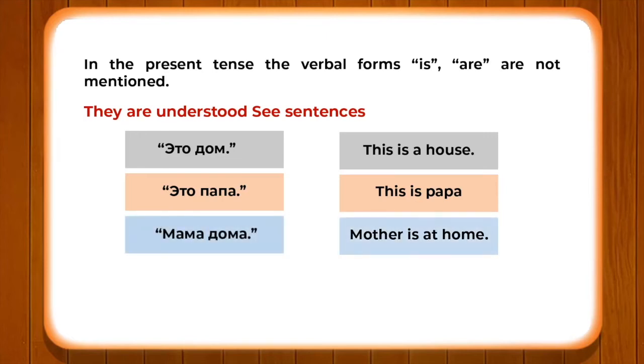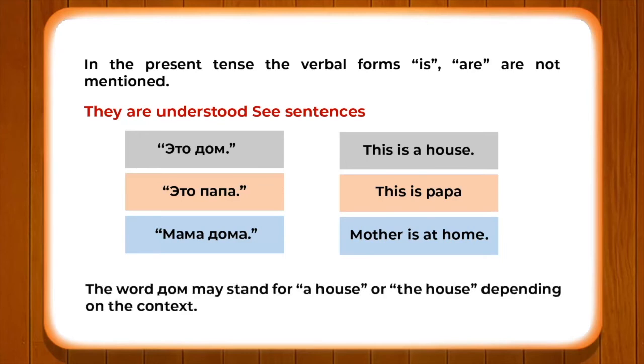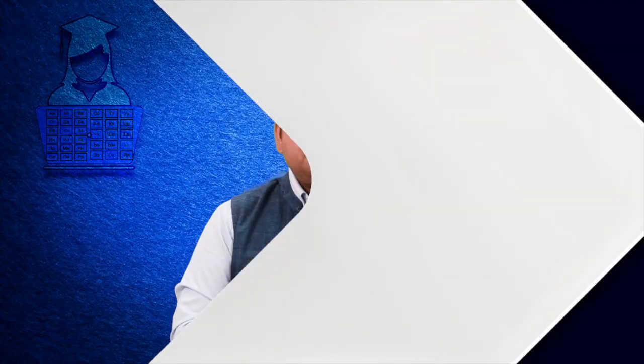Mama doma, mother is at home. There are also no articles in Russian. The word dom may stand for a house or the house depending upon the context. So you must have understood fairly well what kind of arrangement we have in the Russian language, where depending upon the context the meaning of the sentence changes.